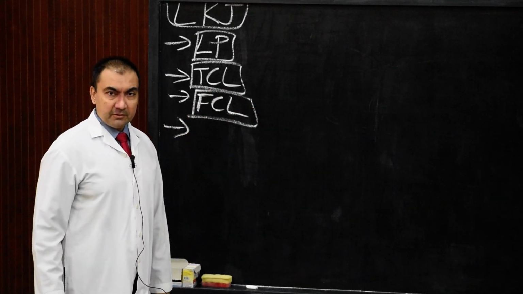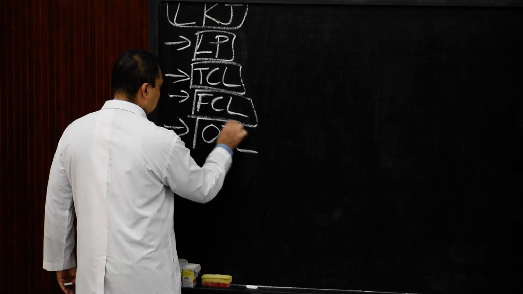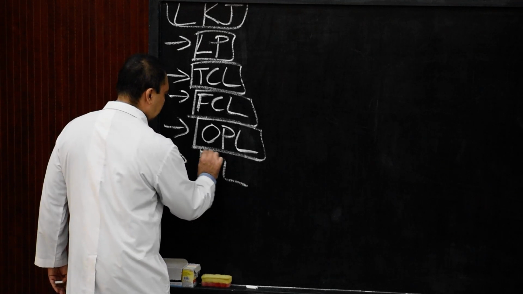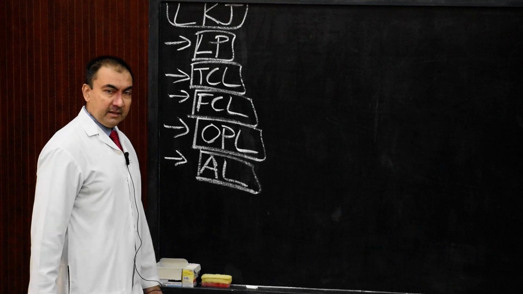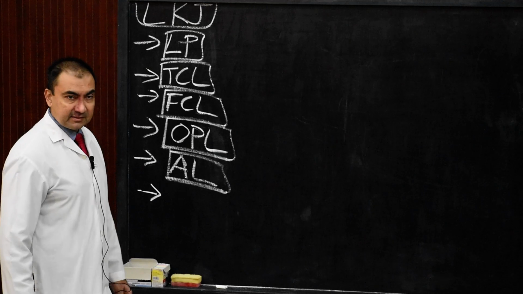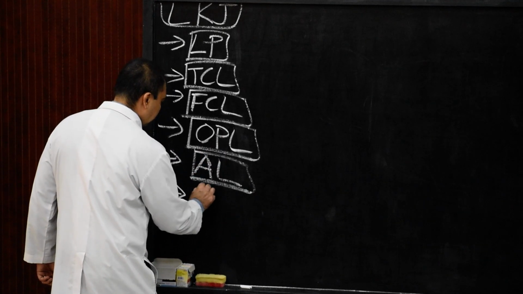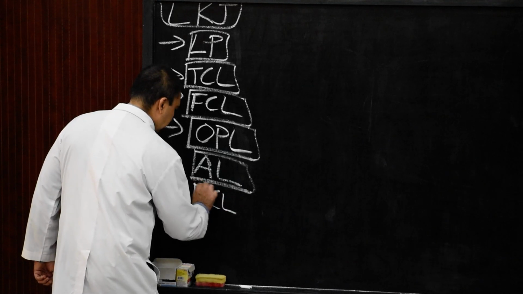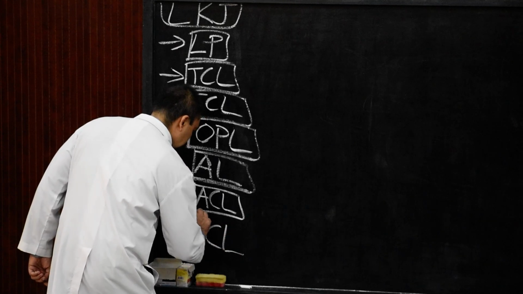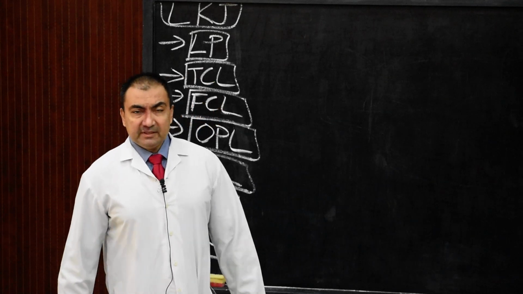Then we are going to discuss the oblique popliteal ligament, along with the arcuate ligament. And finally, in the end, we are going to discuss the cruciates. The cruciate ligaments are two: the anterior cruciate ligament and the posterior cruciate ligament. These are the ligaments which we are going to discuss.